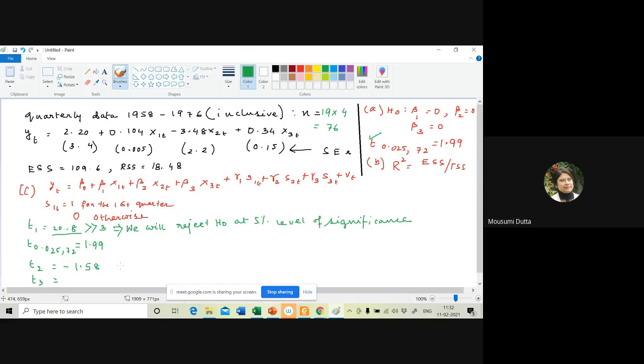I'm writing the actual value, not the absolute value. However, when we compare with the tabular value, naturally we have to consider the absolute value. So please check whether you are getting this value.